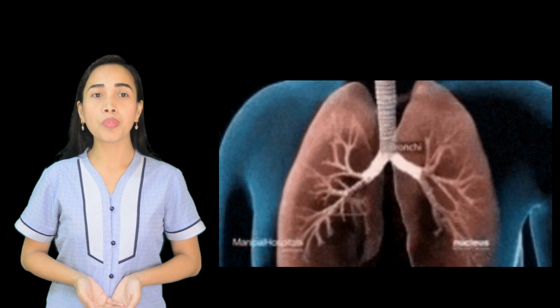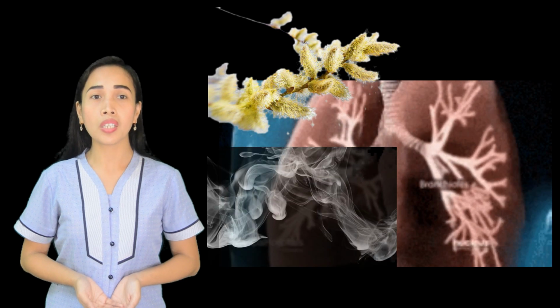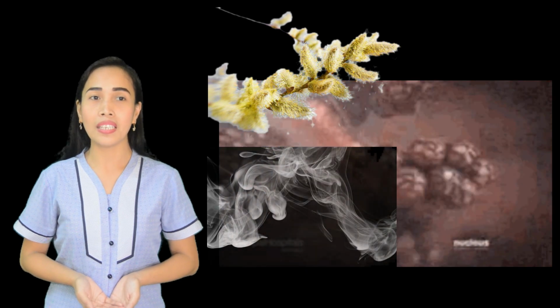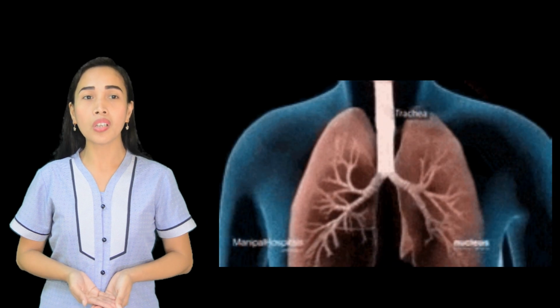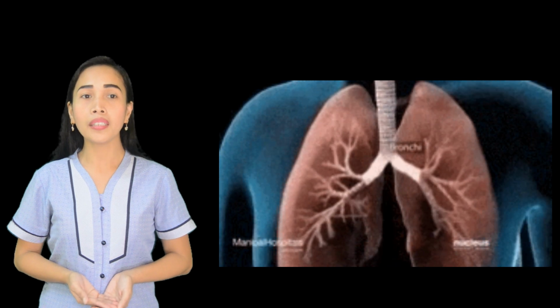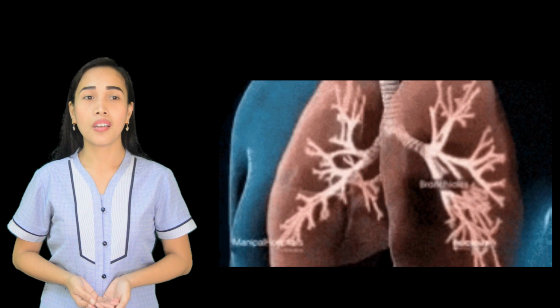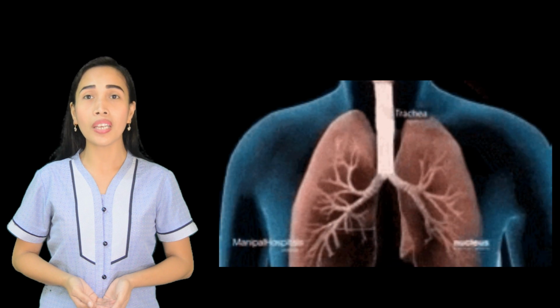It may be caused by allergies such as pollen, smoke, dust, or by stress and anxiety. Asthma is a chronic ailment that causes the inflammation of airways, bronchi, and bronchioles. So why does inflammation occur? This is due to allergic reactions, stress, or anxiety during an asthma attack.